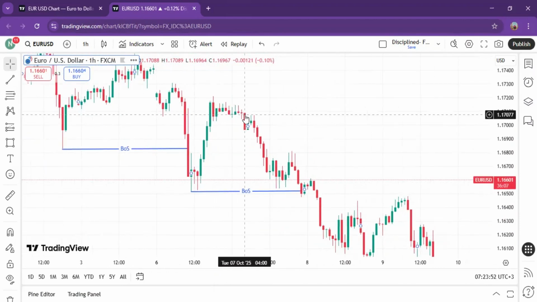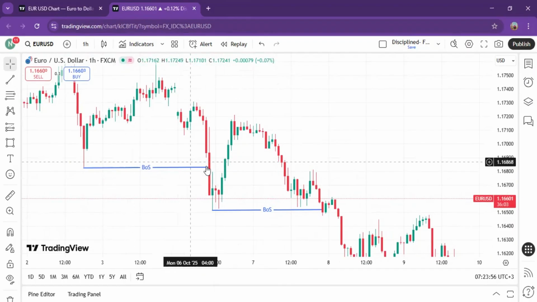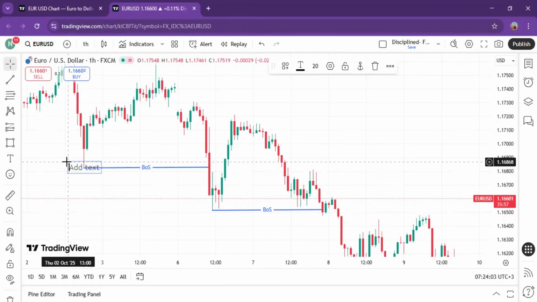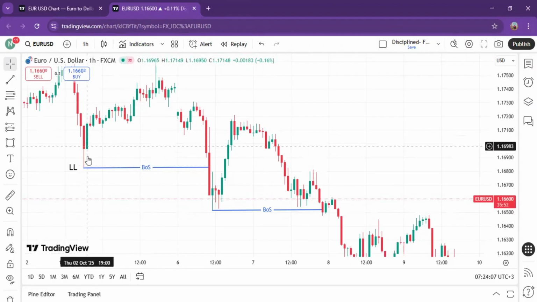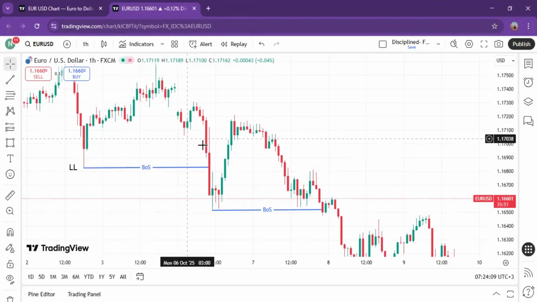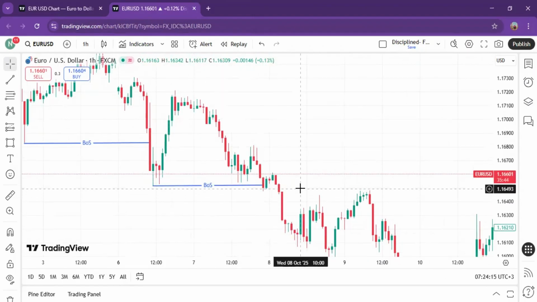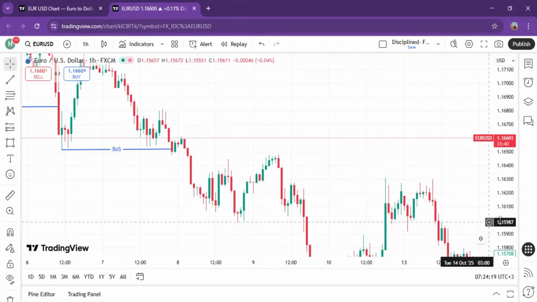So the market, on a downtrend, usually takes out the lows, that is the lower lows in the market. So you have these as your lower lows. So the market takes out these lows when breaking structure to the downside. That is what you see. The market usually takes out the lows at this point. Okay.